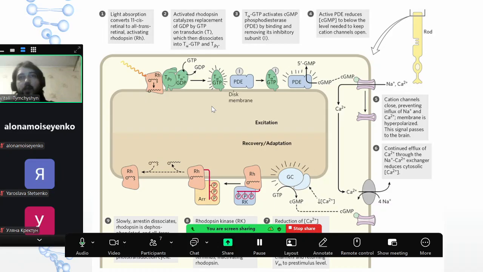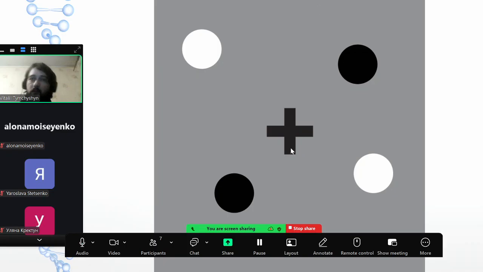So what happens if we have used up those chemicals, and can we detect that somehow? So now I will show you an image. This is the image. It contains a cross and a few different dots. Some of them are white, so they will be retinol consuming. The others are black, that are not.